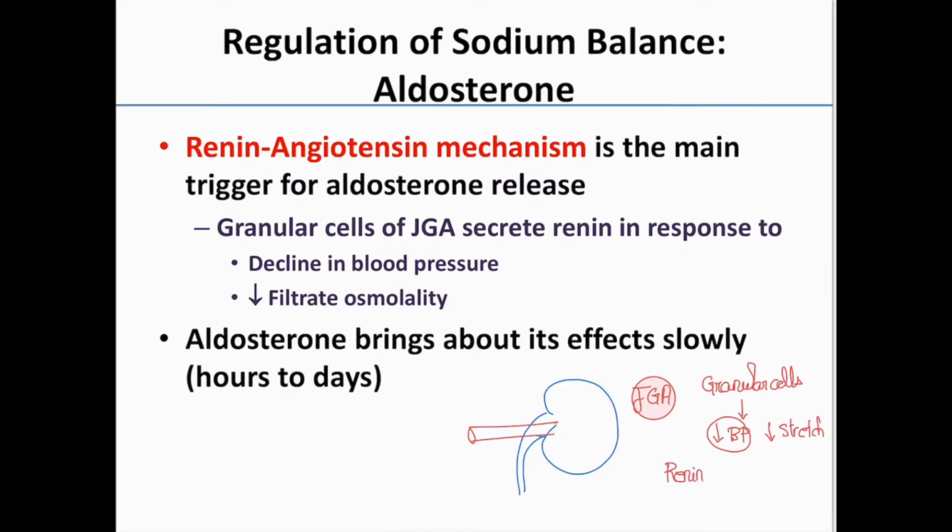This drop in the blood pressure will stimulate the cells to release a hormone called renin. Remember, renin activates angiotensinogen into angiotensin 1 into angiotensin 2. Then angiotensin 2 stimulates the adrenal cortex to release aldosterone, and aldosterone enhances the distal convoluted tubule cells to increase sodium reabsorption.